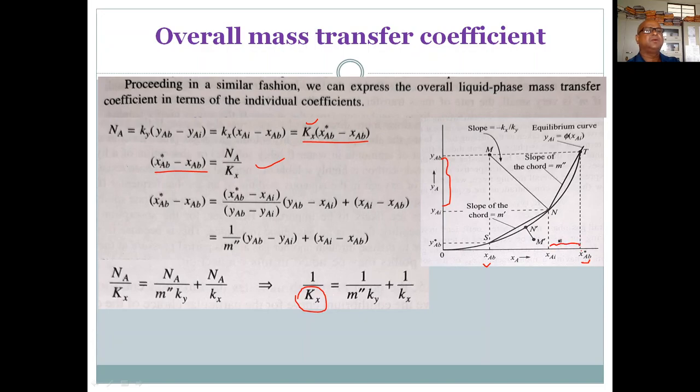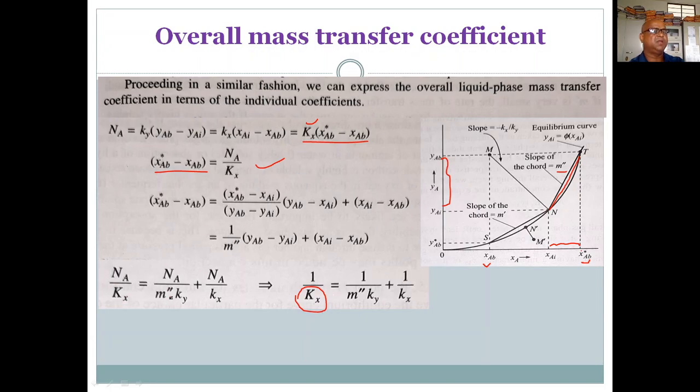So if you take this by this, this is nothing but the slope of this line, M double dash. But it is a reciprocal, so I can write 1 by M double dash, into YAB minus YI plus XAI minus XAB. I kept this same. Now I will put this value. So this is equal to N by capital Kx, the overall mass transfer.